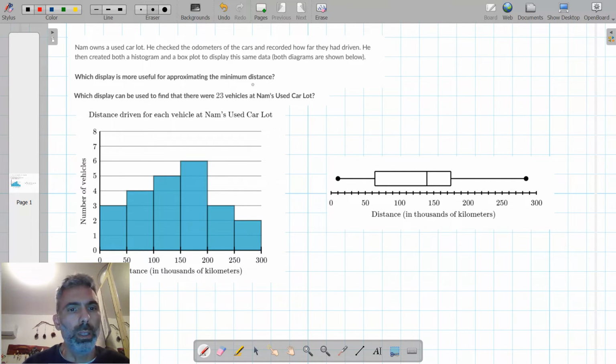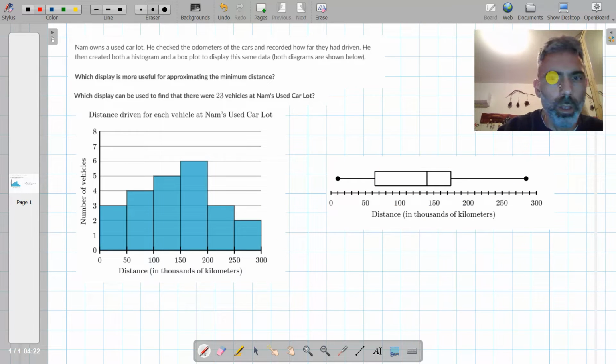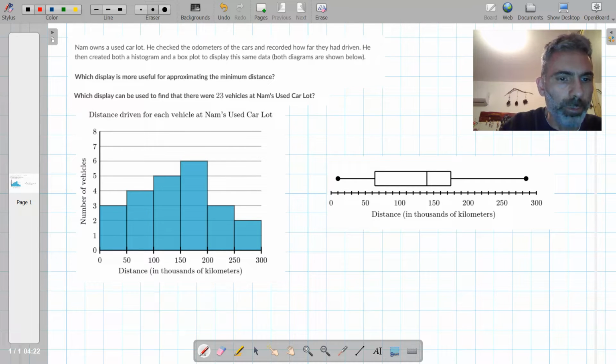Okay, so in the histogram, because we have buckets of data, we don't know the minimum, because the first group of cars, we see that from 0 to 50 we have 3 cars, but we don't know the exact value of the minimum value.